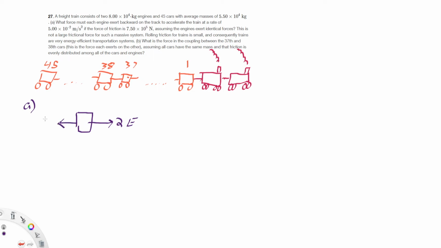We are slowed down by the friction, and of course there will be normal force and mass, and the mass will be 2 engine masses and 45 car masses. And we'll call this the positive x and positive y directions.